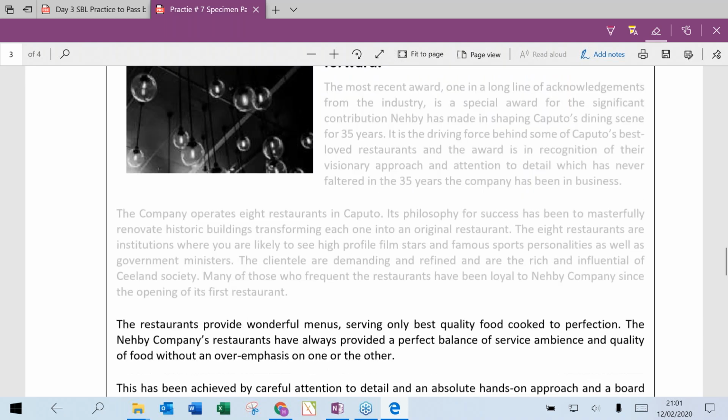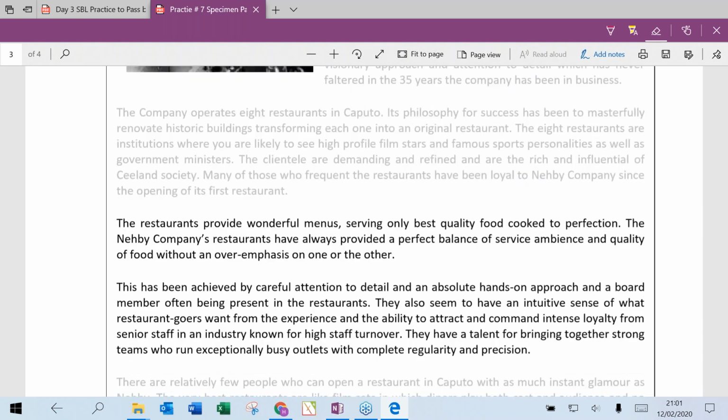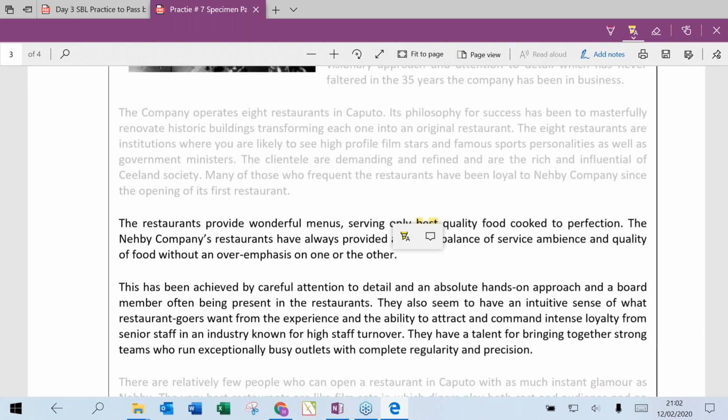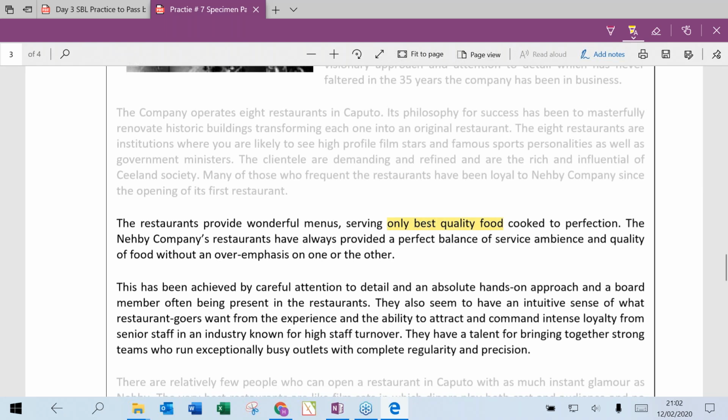The restaurants provide wonderful menus serving only best quality food cooked to perfection. The NABI company's restaurants have always provided a perfect balance of service, ambience and quality of food without an overemphasis on one or the other.